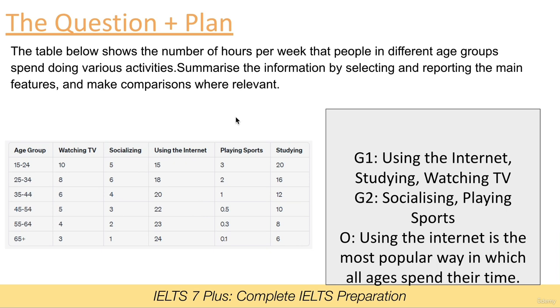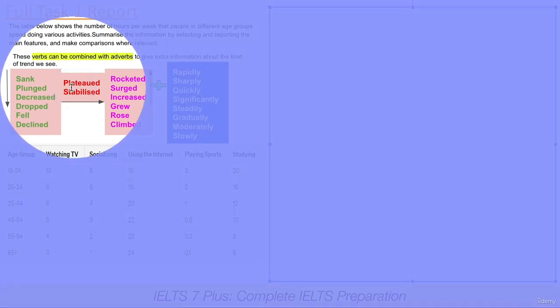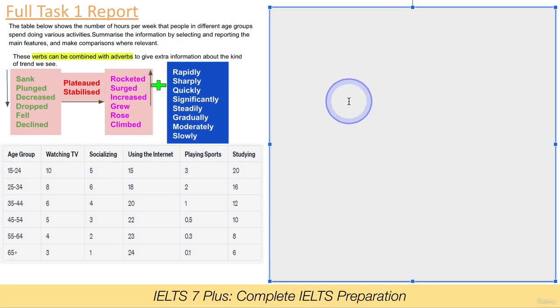Okay, so we have our plan. That's really going to help us stay on track. Now we can think about our write-up. So we have the question. We also have some nice words here which help with us not repeating ourselves. So of course we don't want to always use the same words.